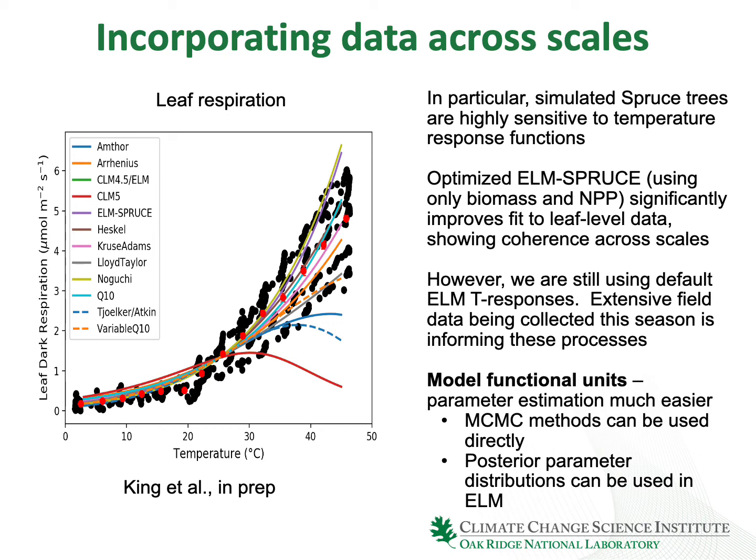So something that came out early in the leaf level observations from the site is that spruce trees are highly sensitive to these temperature response functions. And so Tony King here has taken a number of different representations or possible representations of temperature sensitivity and fit the parameters in those models to the observations. And so by doing that, we can understand potentially which model structure is the best one to apply to these data.